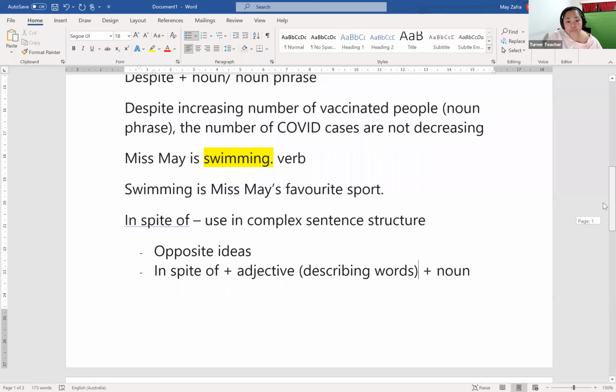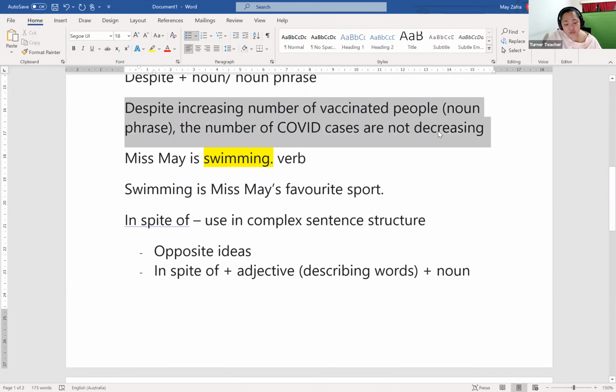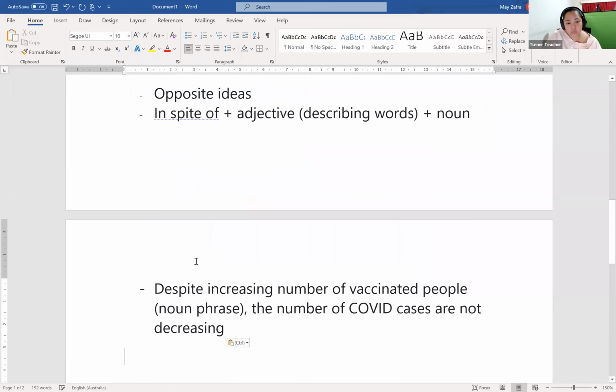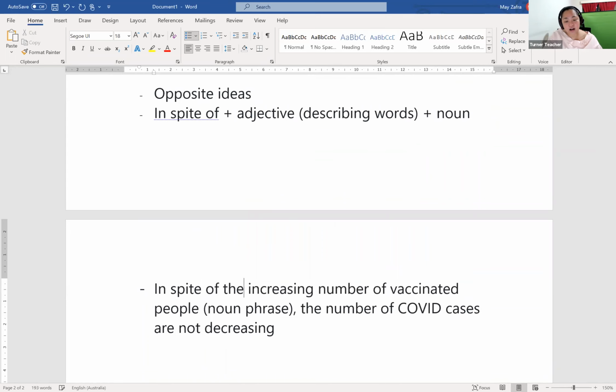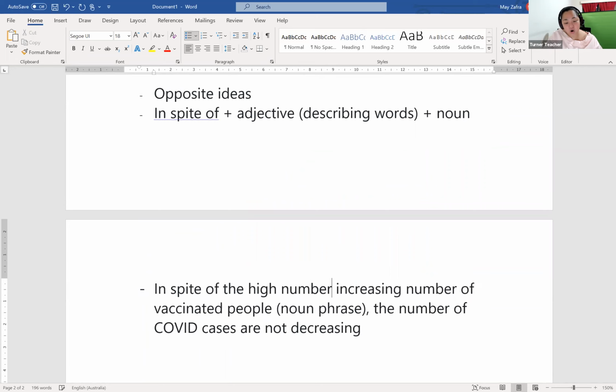So here, if we're going to use this expression again, we are supposed to say, in spite of the high number of vaccinated people.